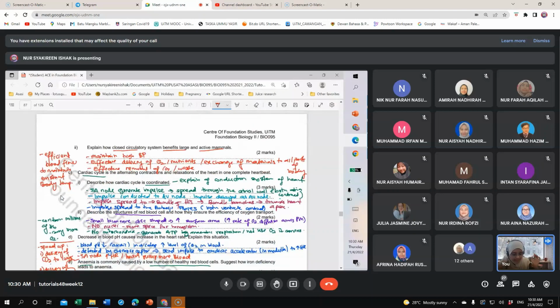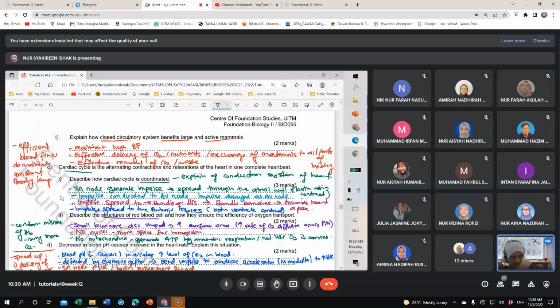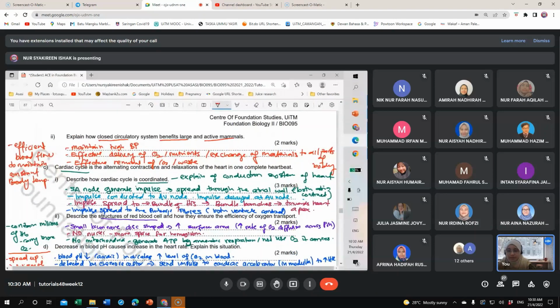Okay, next question C. There is a lot of writing here if you can look. Describe how the cardiac cycle is coordinated.